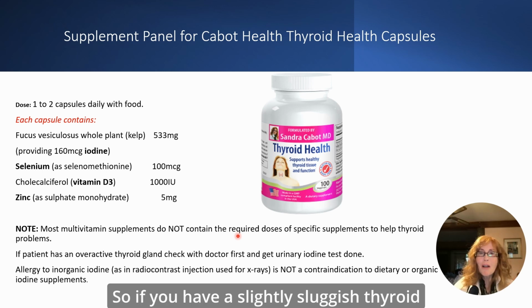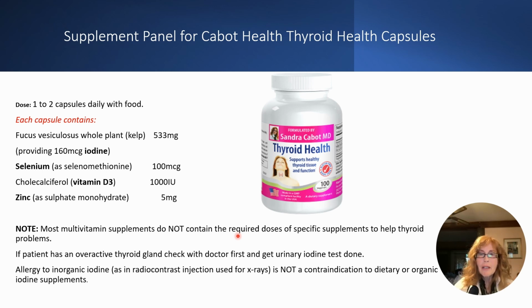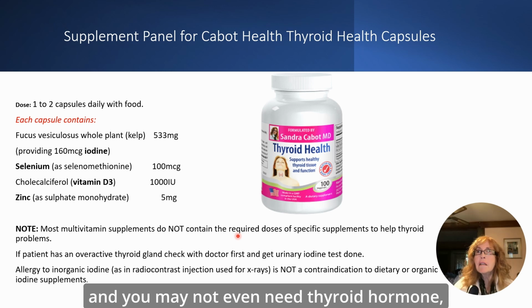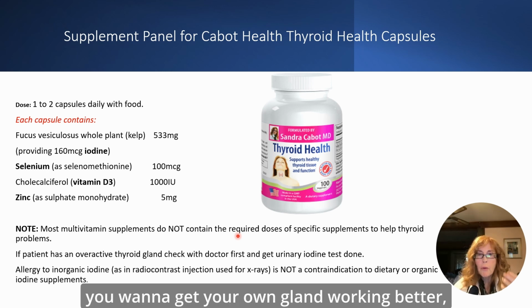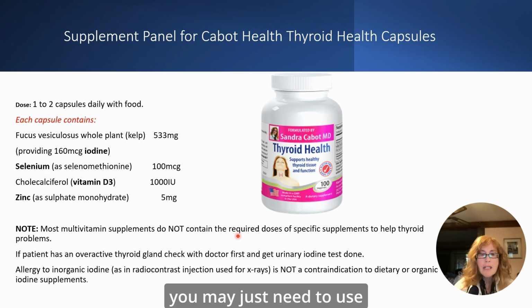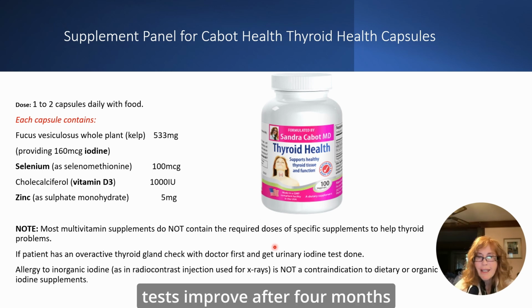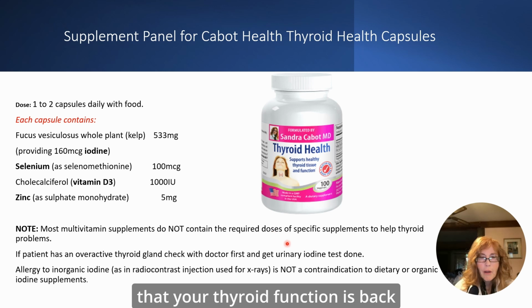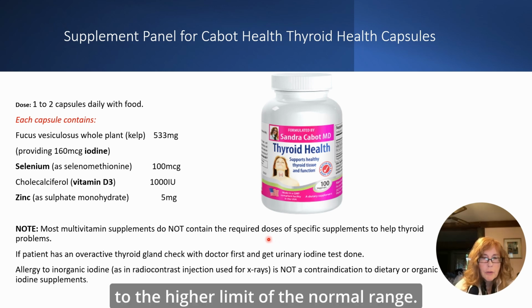So if you have a slightly sluggish thyroid and you may not even need thyroid hormone, you want to get your own gland working better, you may just need to use the thyroid health capsules, 1 or 2 capsules daily, and you'll see your blood tests improve after 4 months, that your thyroid function is back to the higher limit of the normal range.